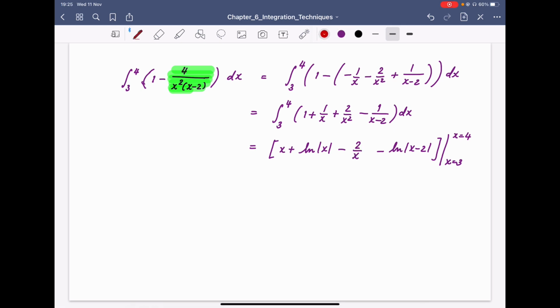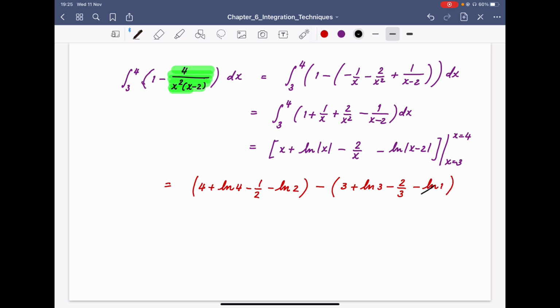Now we just need to compute that. You're going to get 4 plus log 4 minus 1/2 minus log 2, and then minus 3 plus log 3 minus 2/3 minus log 1.